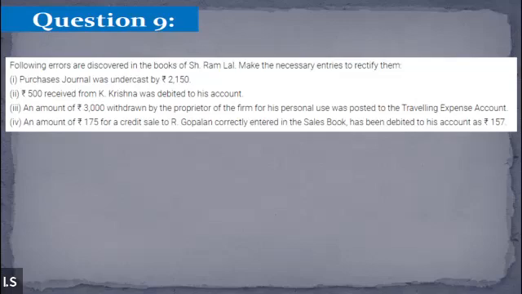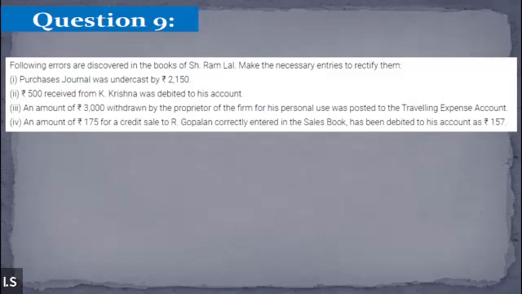Is that clear to you? So if 500 received from Krishna was debited to his account, that means we must have recorded the cash account correctly, but the only mistake we have made is that the Krishna account needed to be credited, but we have debited the Krishna account. Is that clear to you?